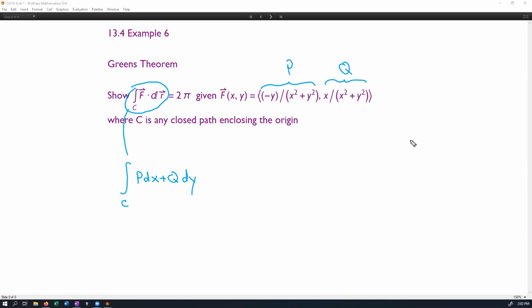So long as the path we choose encloses the origin, then any path that does that is valid, but it has to hold for all. That seems very hard, doesn't it? Very, very hard.